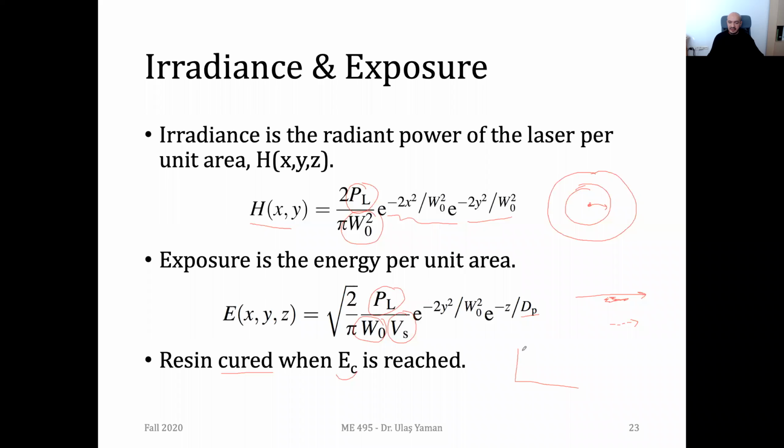Assume that this is a kind of a slice, and if you remember in the CAM software of SLA printer, we had such patterns, right? We had shells and kind of zigzag patterns inside, right? Since we said that we cannot have infill percentage and the interior should be filled completely.